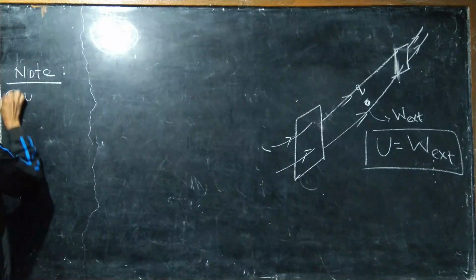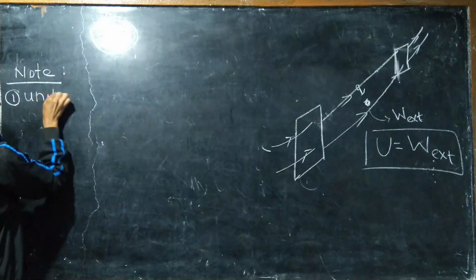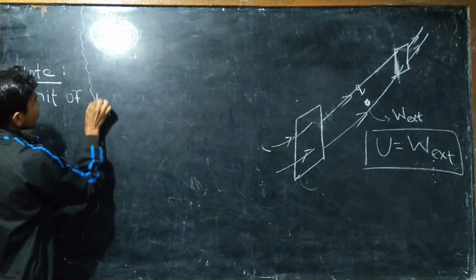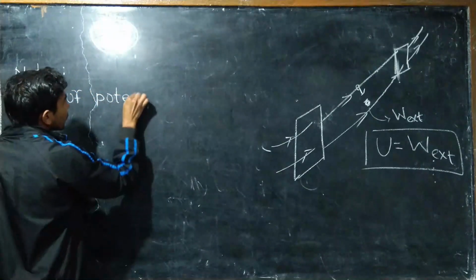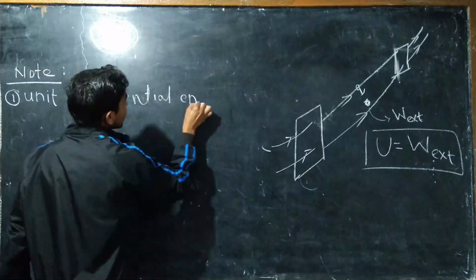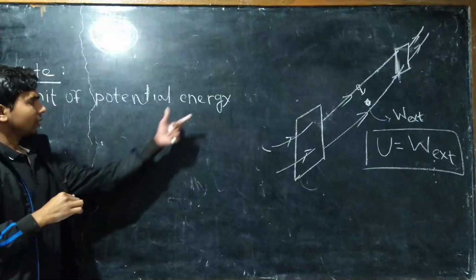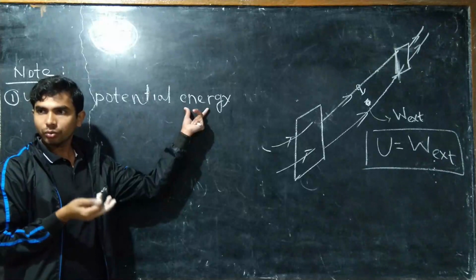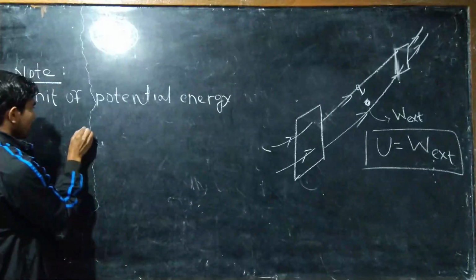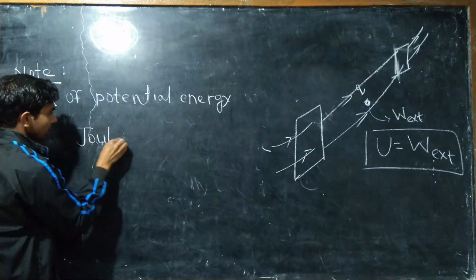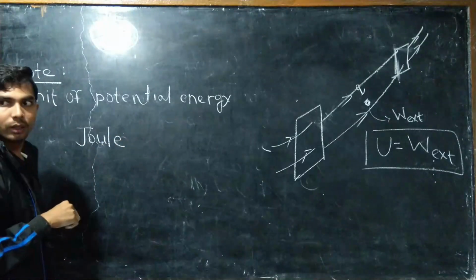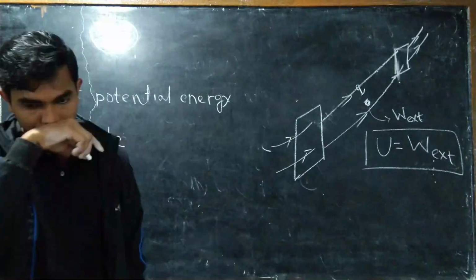The first point is the unit of potential energy. Energy unit will be joule.